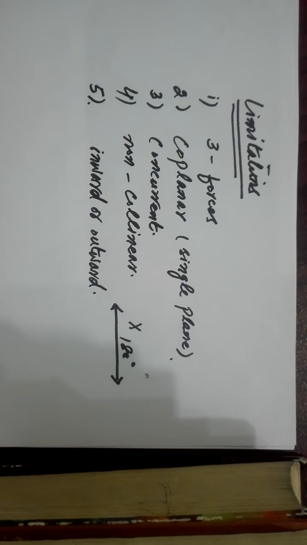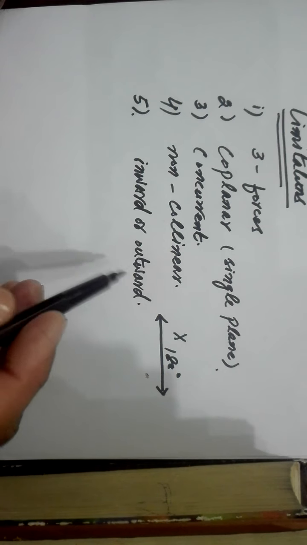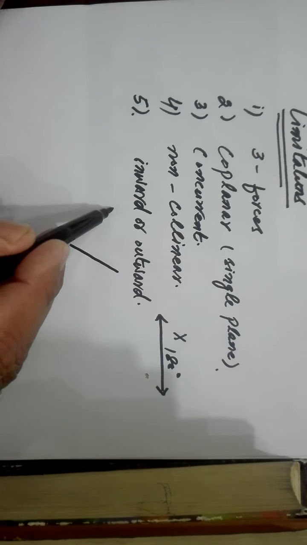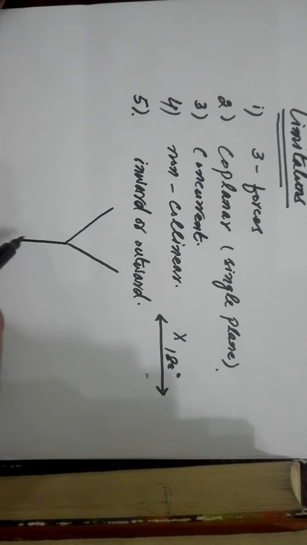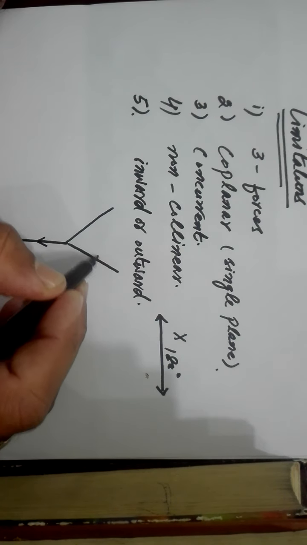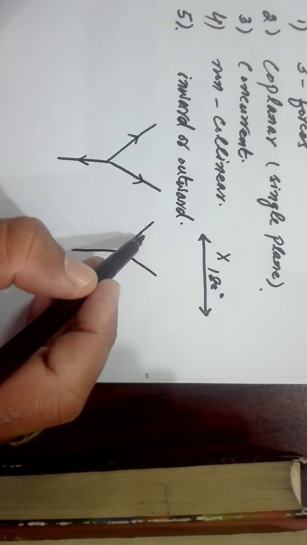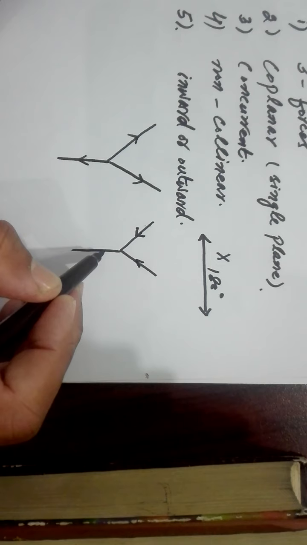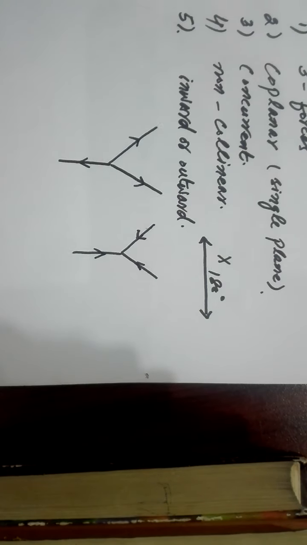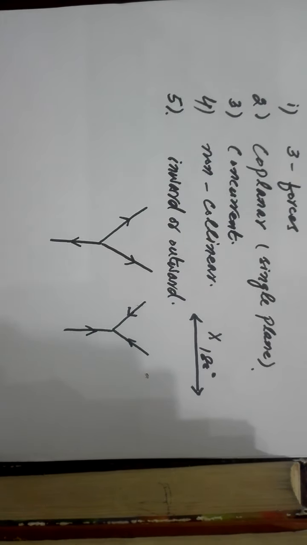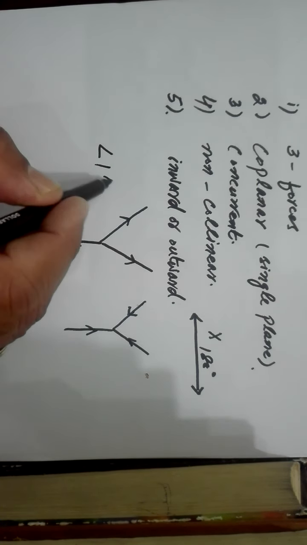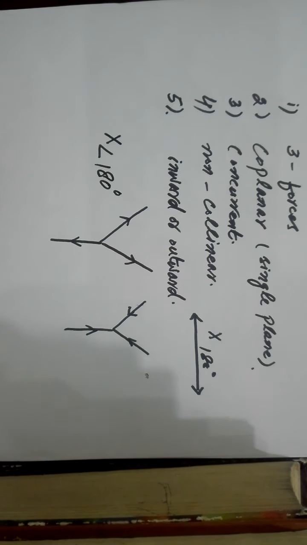If three forces are acting at a point in equilibrium, the forces should be like this, radially directed outward or directed inward, or the angle between them should not be greater than 180 degrees. This must not be the case.